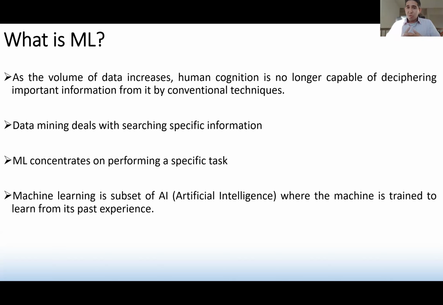Let's just define some terminologies first. First, let's talk about AI. AI is basically using machine intelligence as opposed to using human intelligence or animal intelligence, okay? Now, machine learning is a subset of AI.